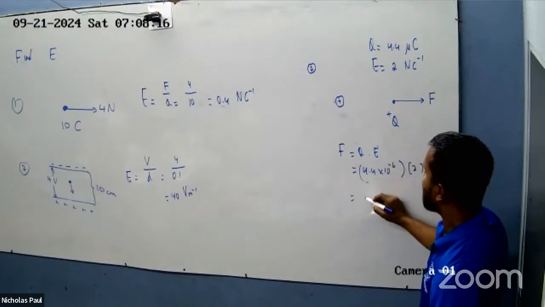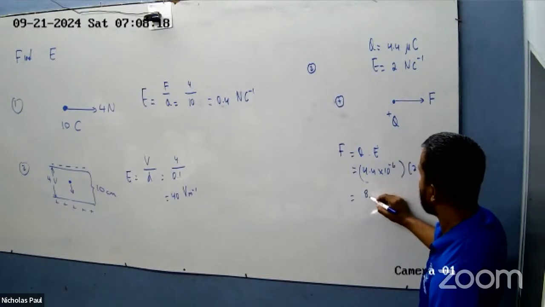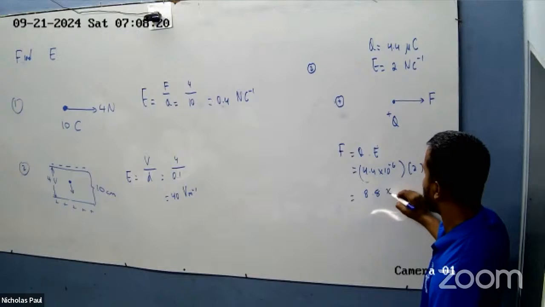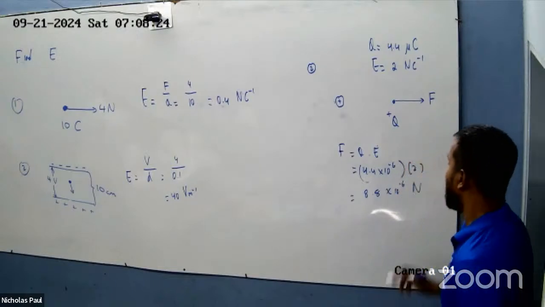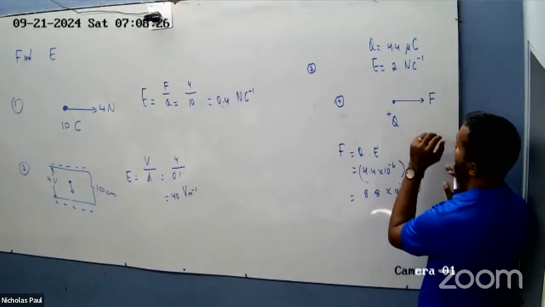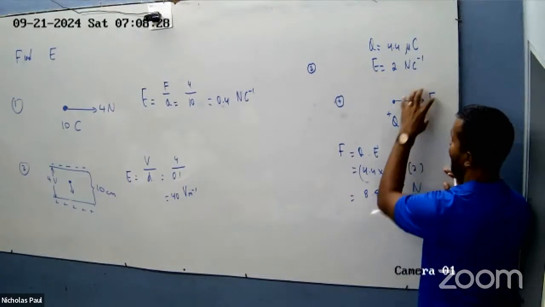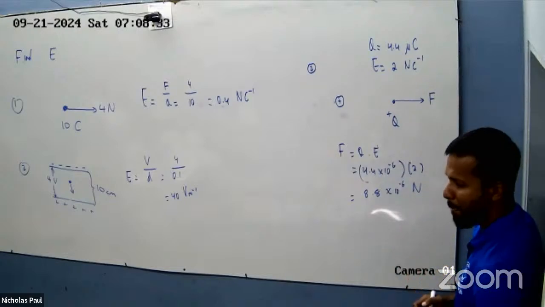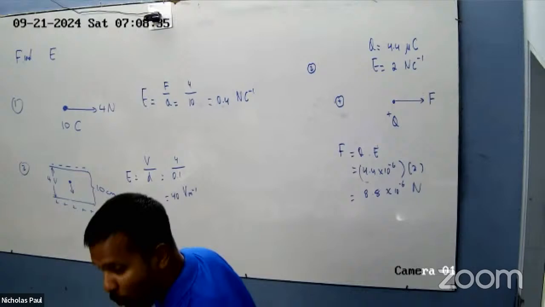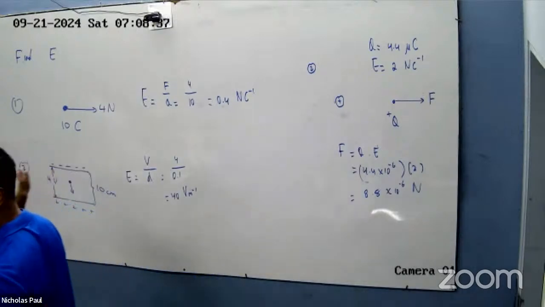So the force experienced there will be 8.8. I want you to pay attention and remember that all these have directions. All right, nice, good. Are you okay with that?